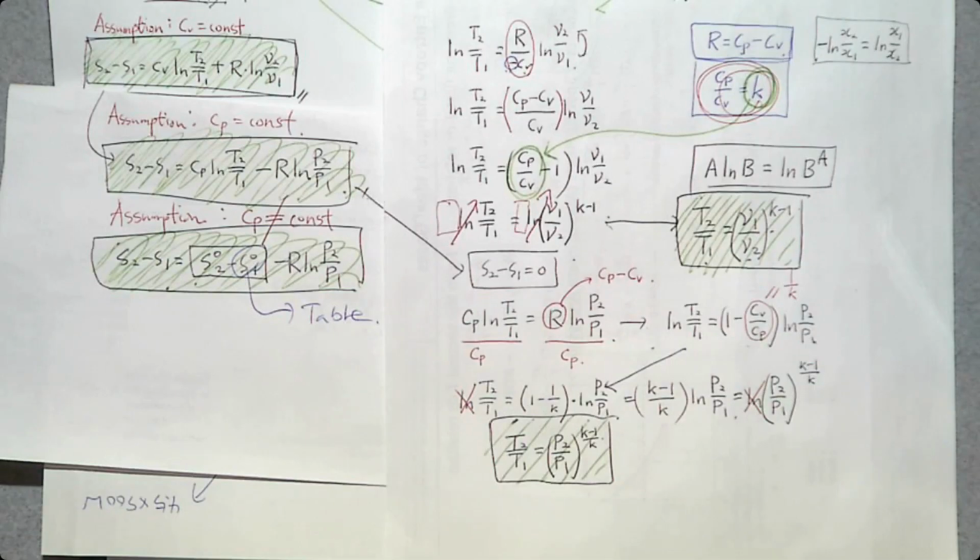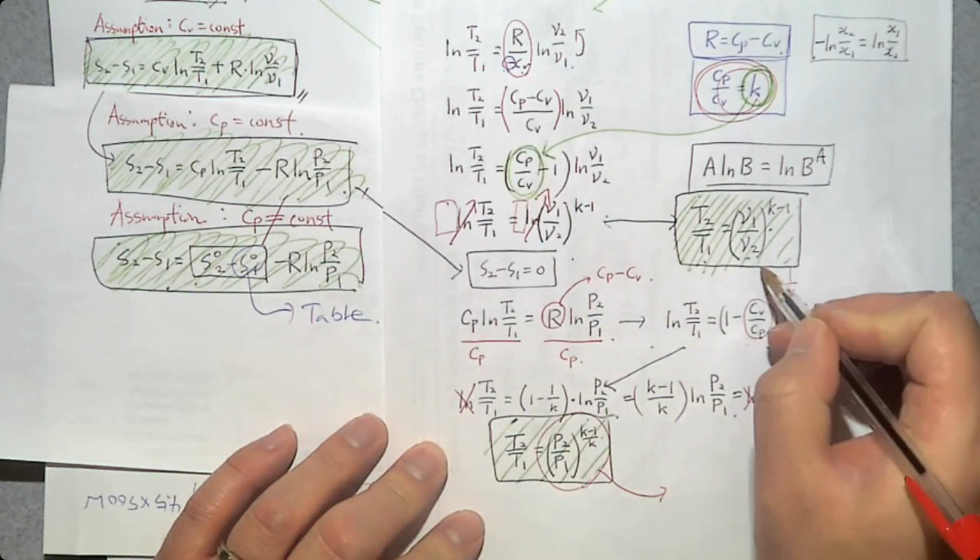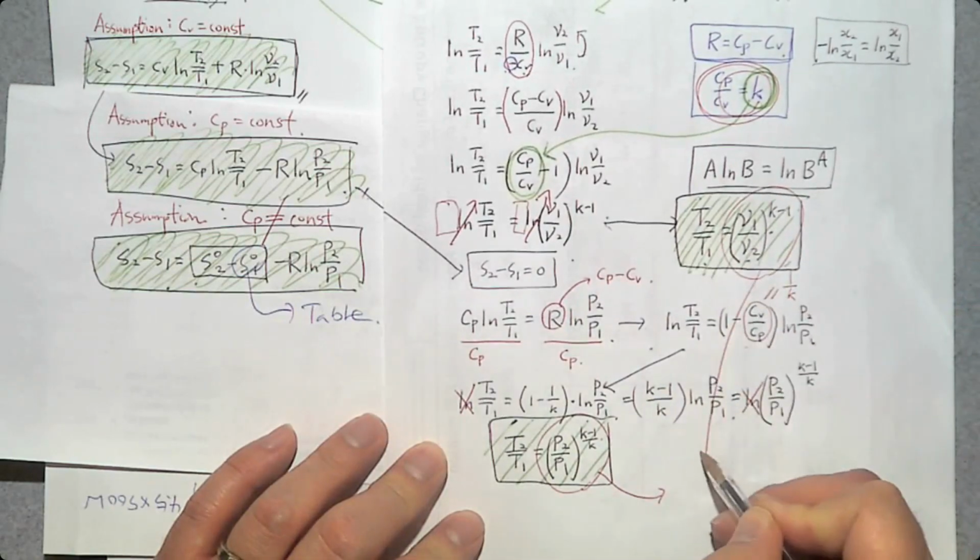Then we can do one more. T2 over T1. The right-hand side of this equation should be the same as the right-hand side of this equation. This one and this one.